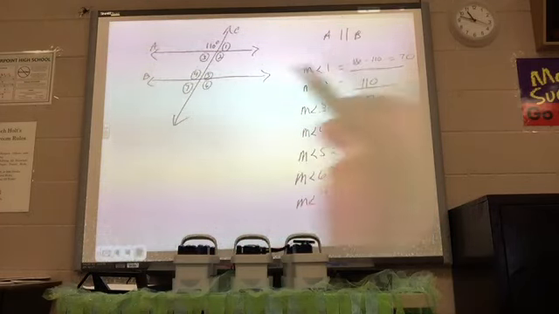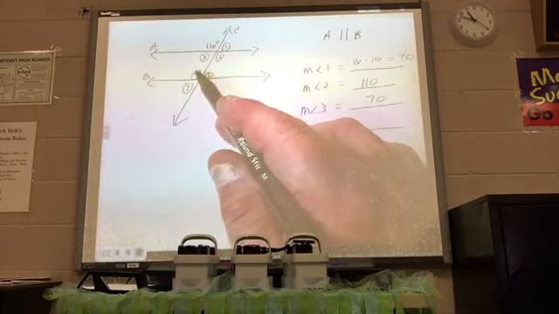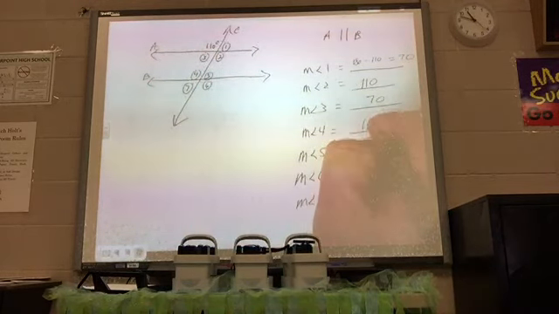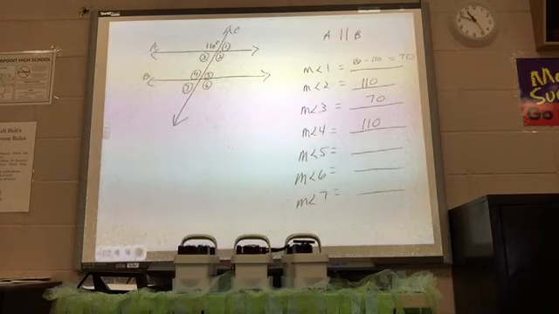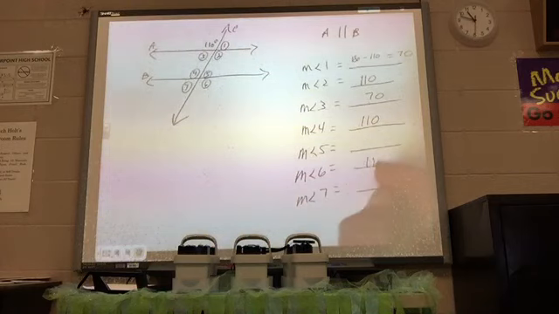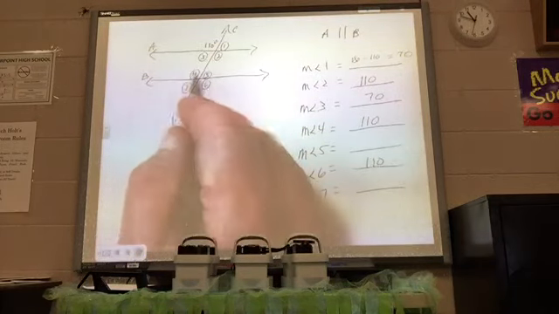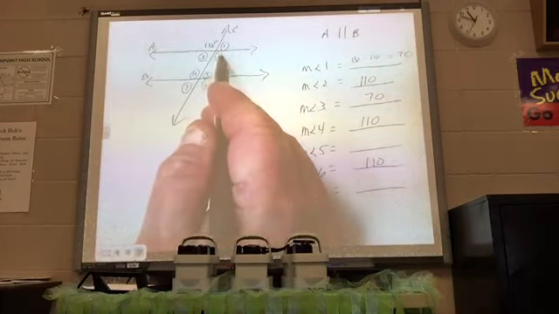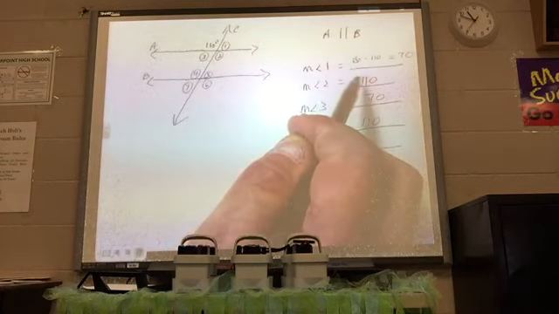So if this one is 110 and this one corresponds to it, then this one has to be 110. And 70. Then what's 6 got to be? 110, because it's vertical here. It's also corresponding to 2, and 2 was 110.